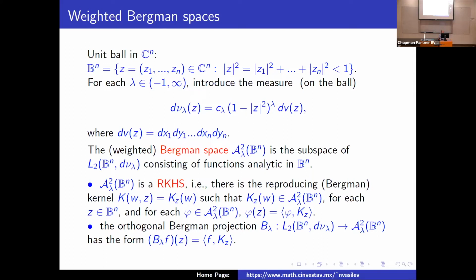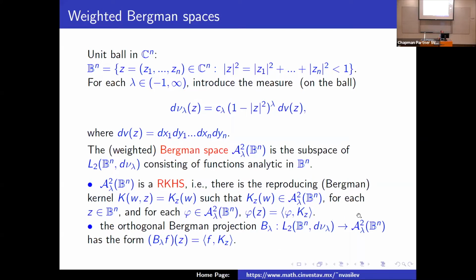There is some special nice property of this Bergman space. First of all, it is a reproducing kernel Hilbert space, which means that there is a reproducing kernel function, which for each z is an analytic function belonging to the Bergman space, such that the evaluation functional, by the Riesz representation theorem, is nothing but the scalar product of the function with this reproducing kernel.